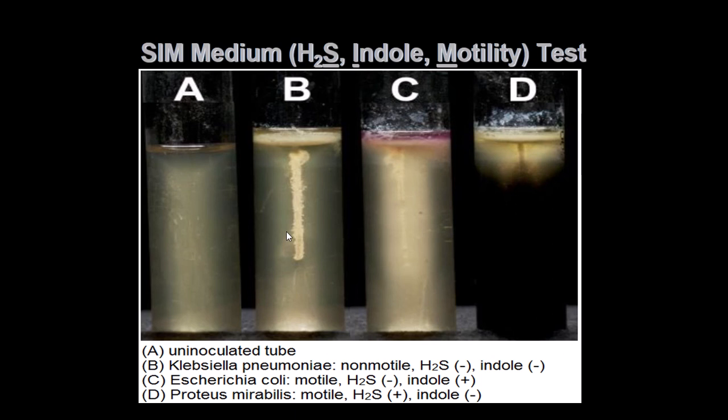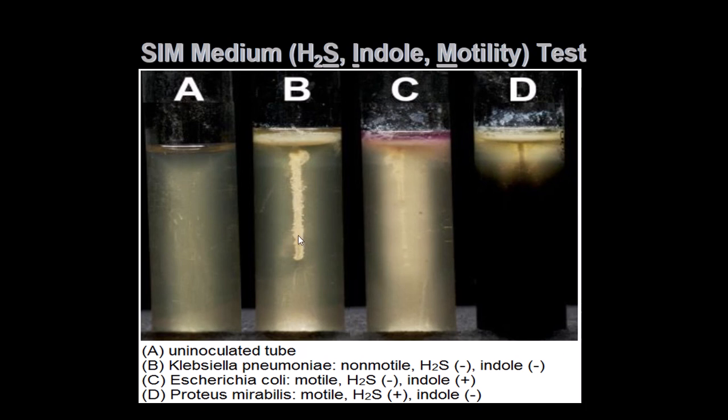So again, this slide shows the SIM media, here for sulfide production, indole, and motility. You can see here when you inoculate the media how bacteria move from the site of inoculation. That means it is motile. If it doesn't move, then this is non-motile. Turbid in color means motile.